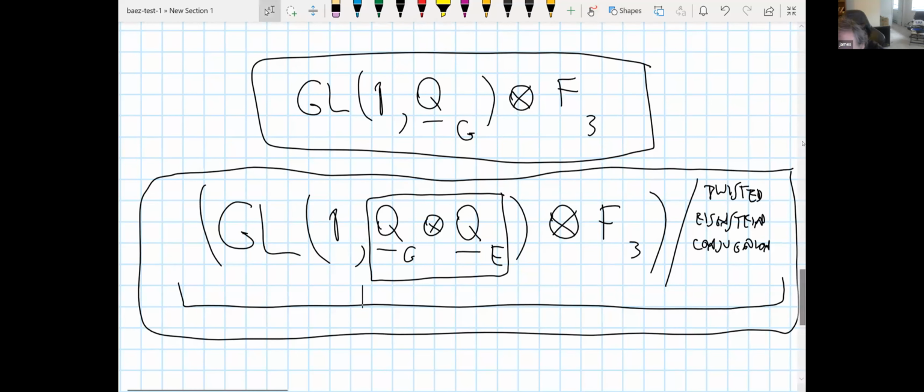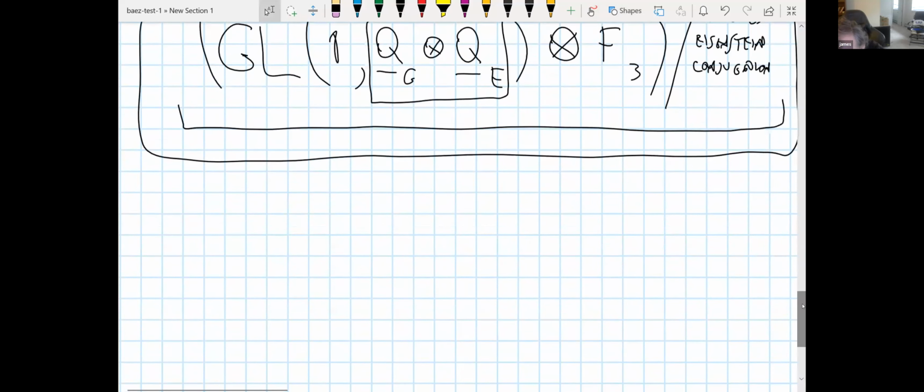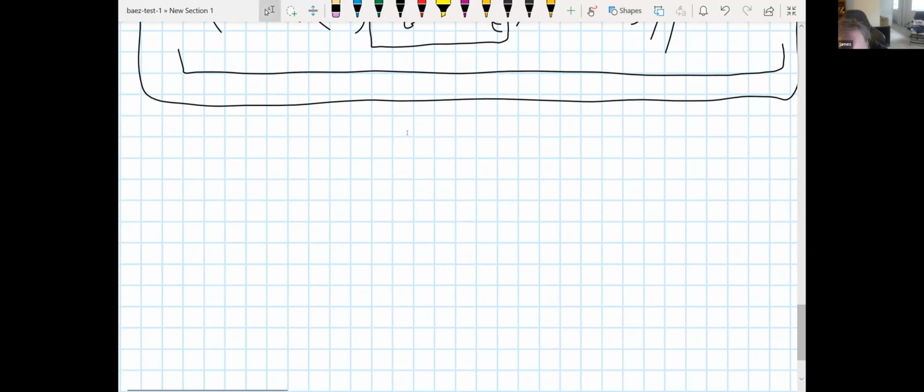So let's think about this. How do I draw this? We've got the prime 2, which is appearing with multiplicity 2, and the prime 3. 12 is equal to 2 squared times 3.